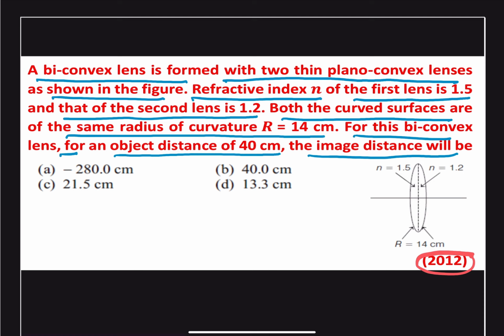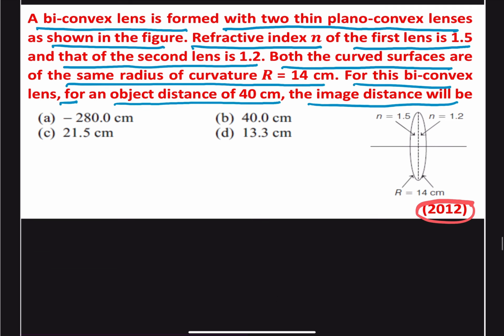So here it is basically a combination of two plano-convex lenses, and we can just draw the figure slightly differently, showing these two lenses separately. So this is the first one and this is the second one, and radius of curvature for both is given as 14. The refractive index is given as 1.2 here and 1.5 here.